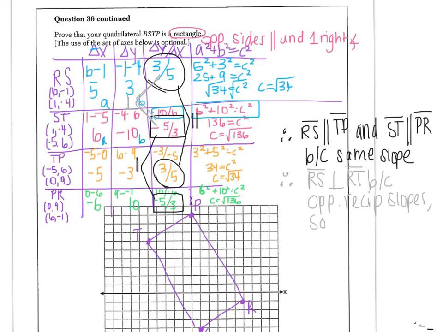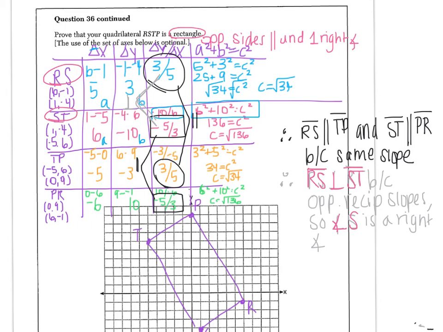So, angle S is a right angle. And I just realized that I actually made a typo here. I said RS is perpendicular to RT, but it should have been RS is perpendicular to ST. And again, that was RS and ST. So angle S is the right angle.